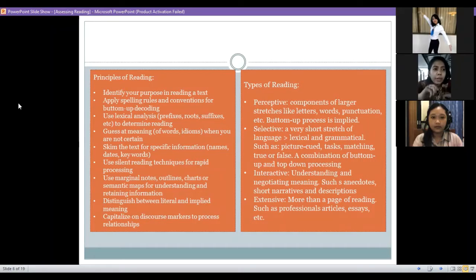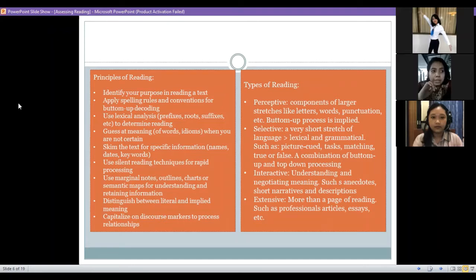Okay, let's take a look at the principles of reading. You can see the first is to identify your purpose in reading a text, and apply spelling rules and conventions for bottom-up decoding. And then use lexical analysis, like we have learned in morphology and syntax, such as prefixes, roots, suffixes, and etc., to determine meaning.